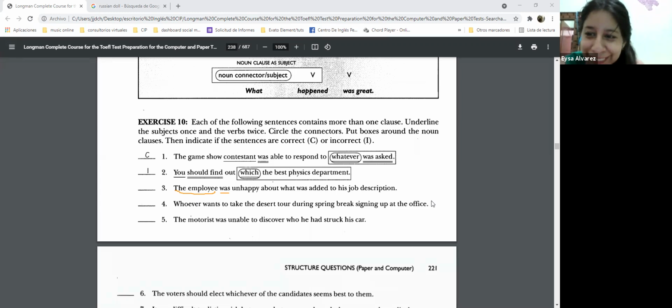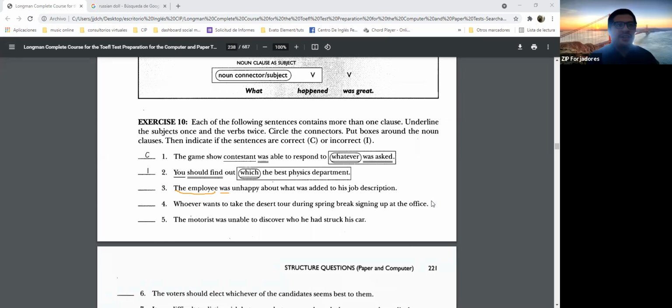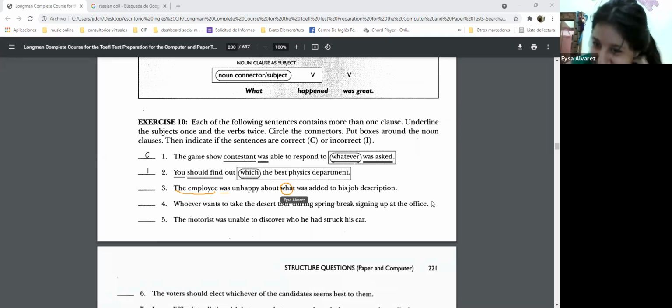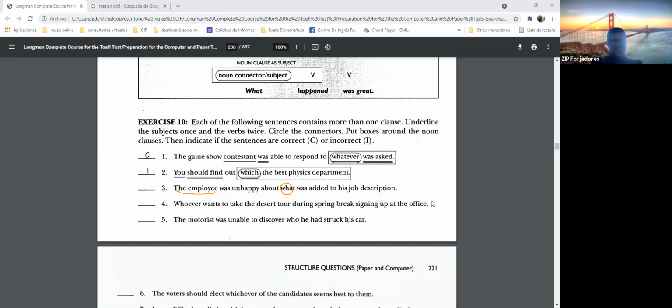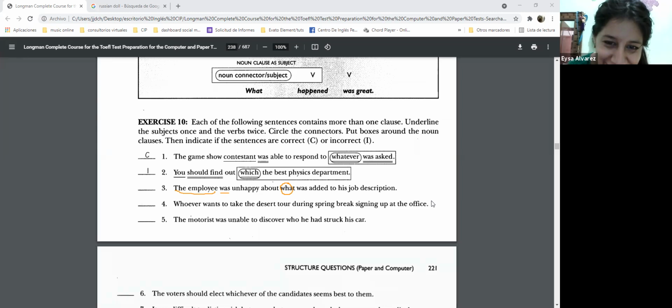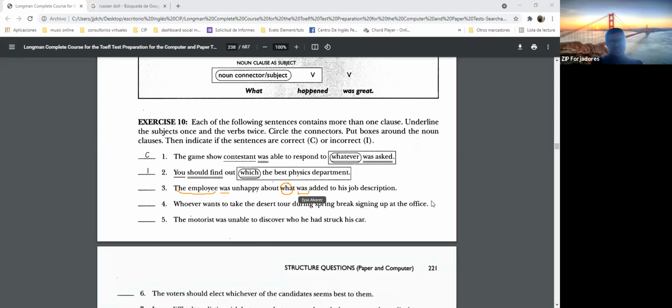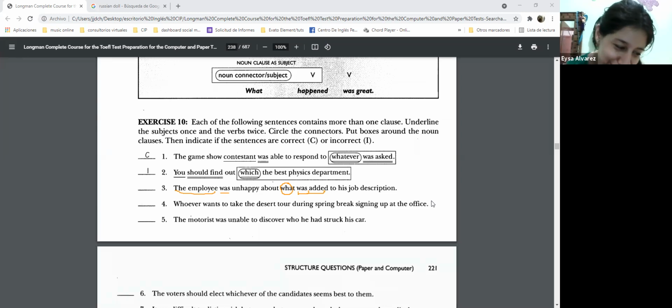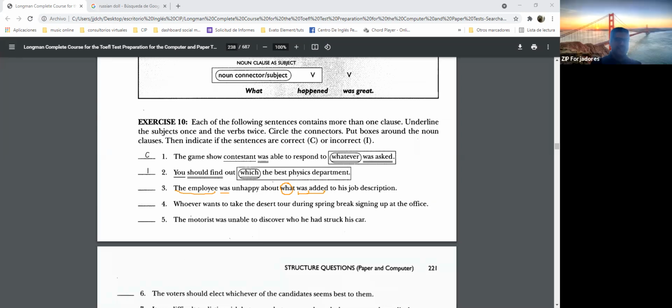What is a noun clause connector subject. And then we have an action, was added. Very good. So I think it's correct. Yes, it's correct.